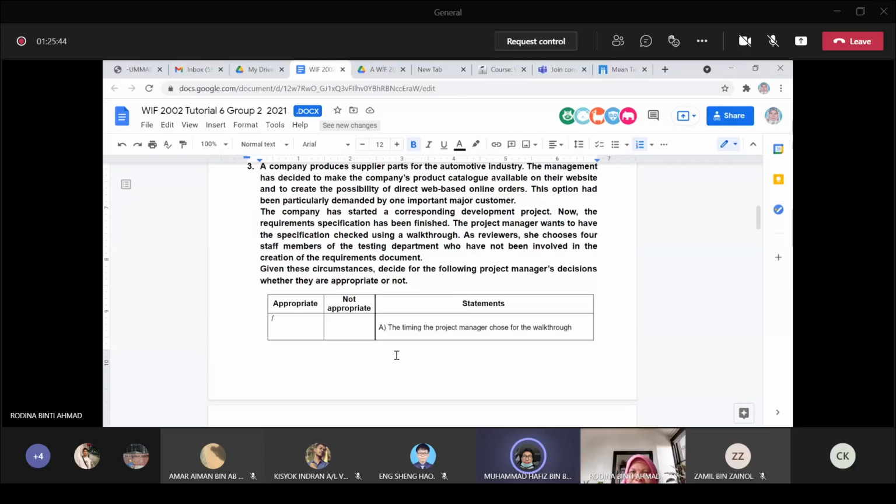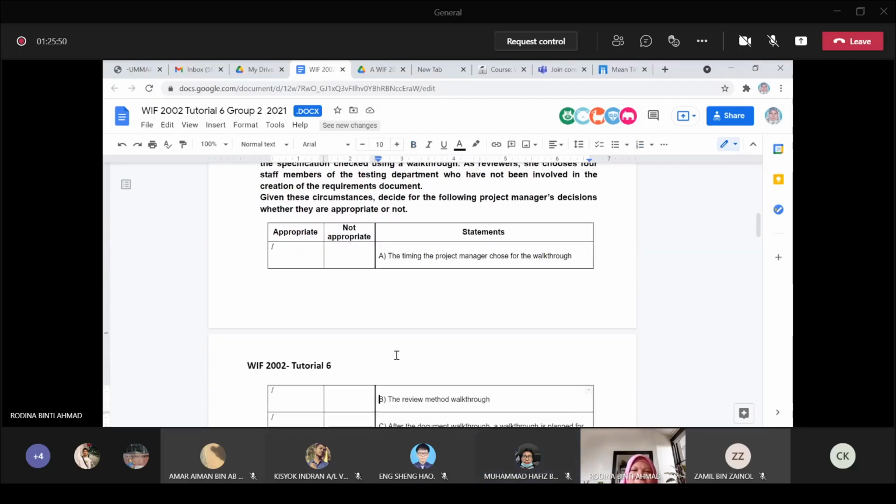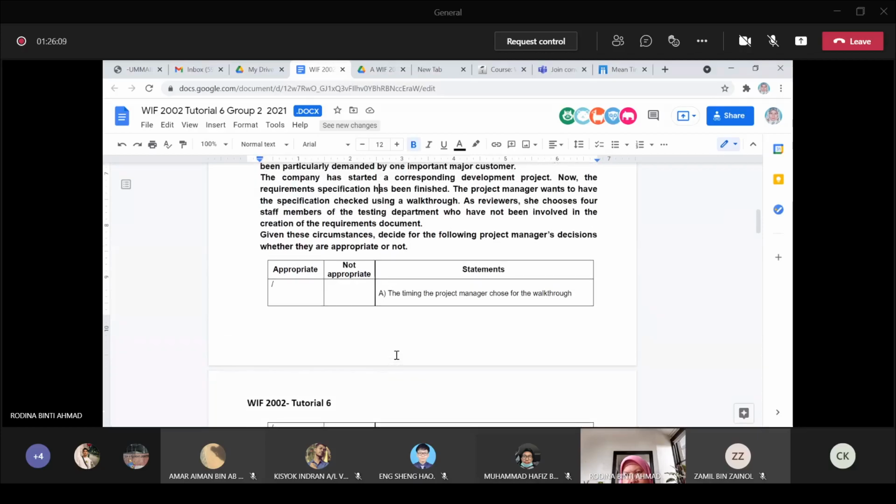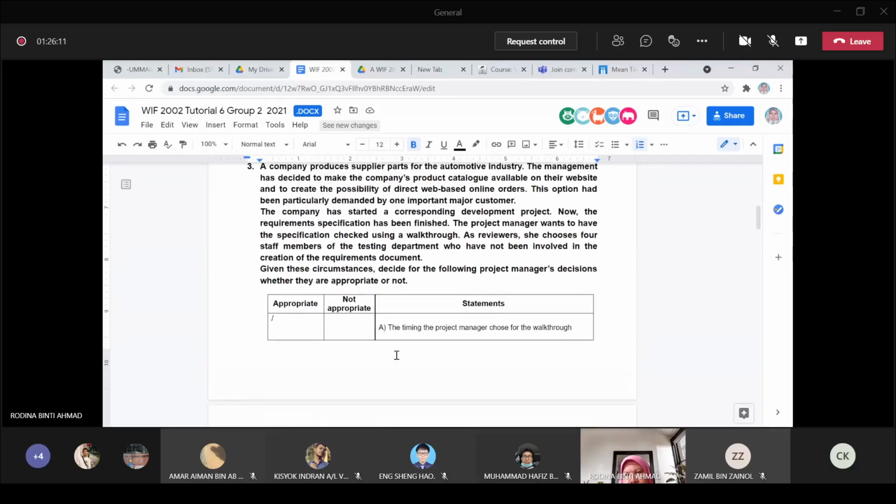It's okay. I would agree with your friend just now. He said inappropriate, inappropriate not to involve the major customer. So if we agree that this step is inappropriate, why do you think it's inappropriate not to involve any representative? Should we include major customers in the walkthrough?